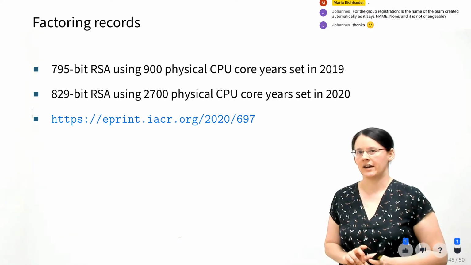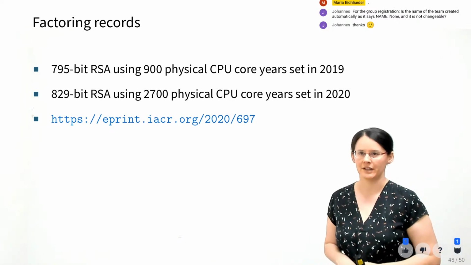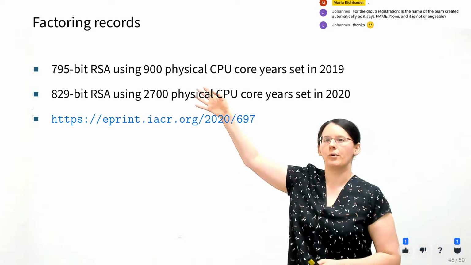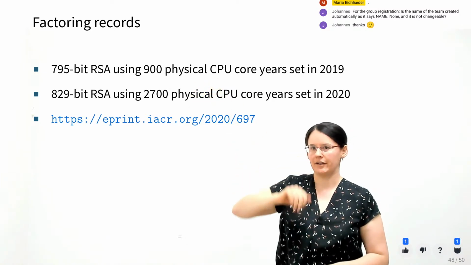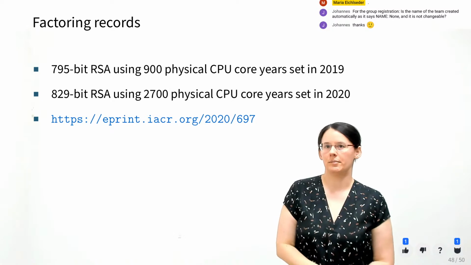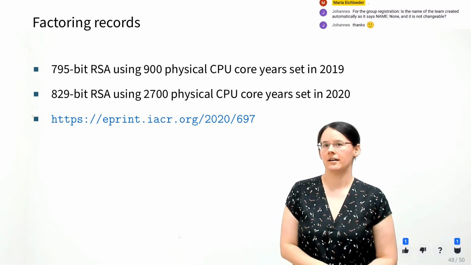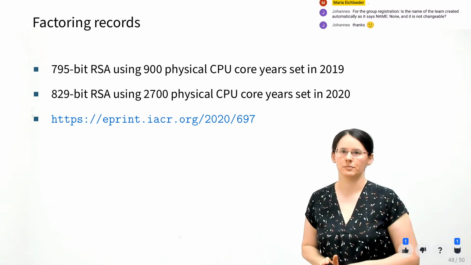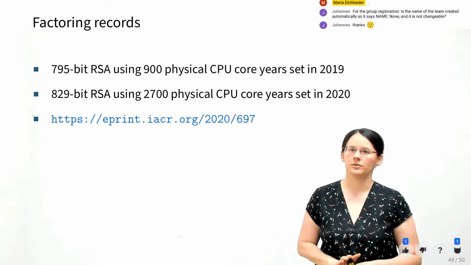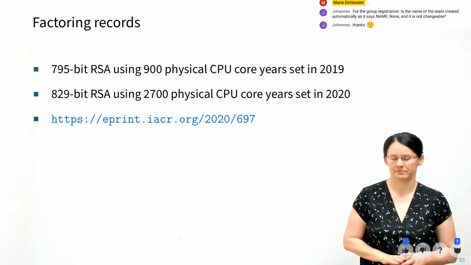So the largest RSA moduli that were publicly factored by research teams were more than 800 bits, so 795 bits using approximately 900 CPU core years. And the other one, 829 bits, was done just last year using 2,700 physical CPU core years.